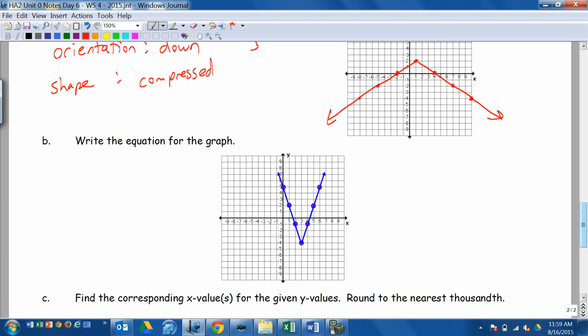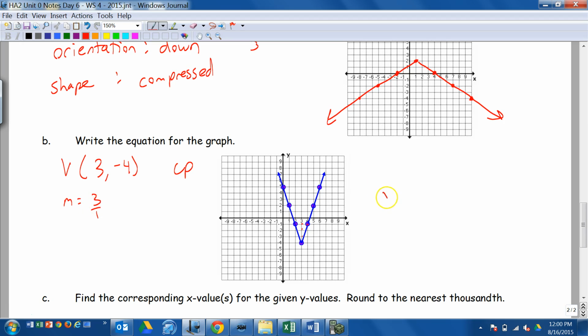Now we're going to do the opposite. Write the equation for the graph. The first thing that's important is getting the vertex. So I'm going to write that down. It's 3, -4. It's oriented up, so it's going to be a positive slope, and the slope is 3 up, 1 over. So that means that the value on the outside of my absolute value is going to be 3/1.